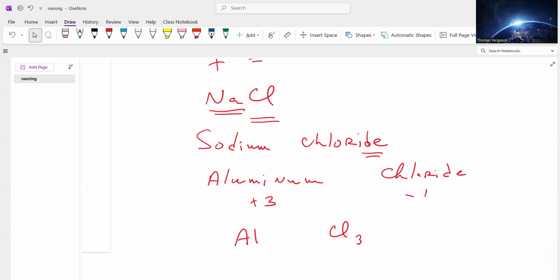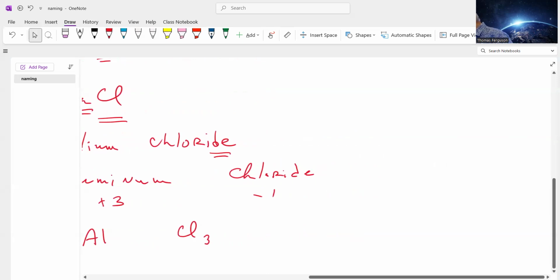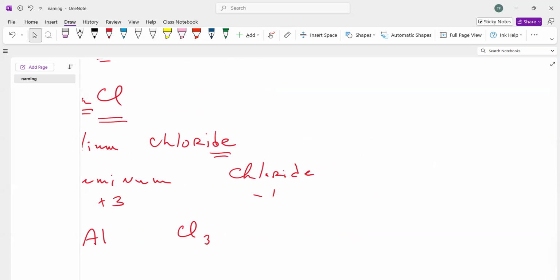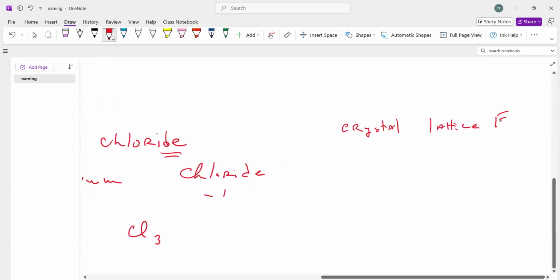Okay, now, again, there are no exceptions to this. Now, as a quick reminder, when we first started talking about solutions, what are the two forces that are in play when we were talking about solutions? Do you remember? One was the crystal lattice force. Remember the other force? Solvating.